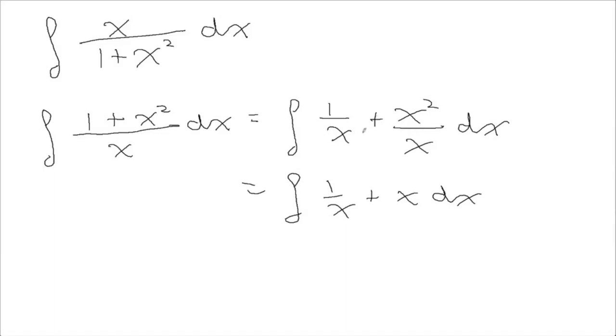Because if you add the fractions together, then you get 1 plus x squared over x. Okay, so is this step legal? Yep. Yeah, it really is. You didn't write this step down, but hopefully you were doing it in your head. So we can see that that step is legal.